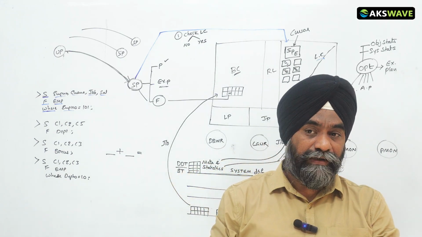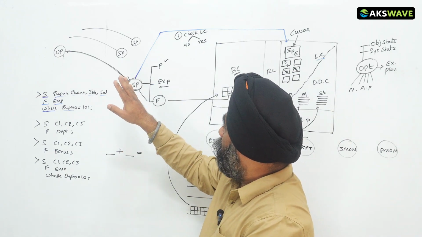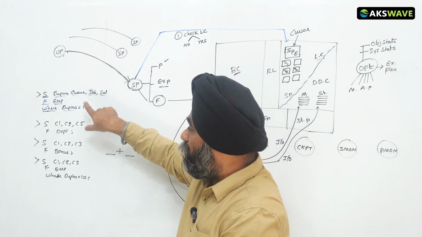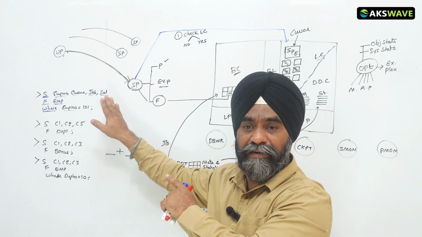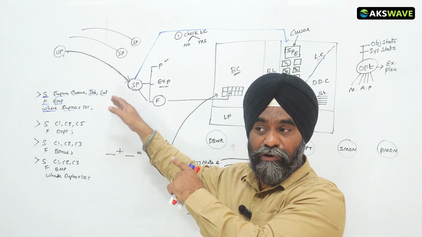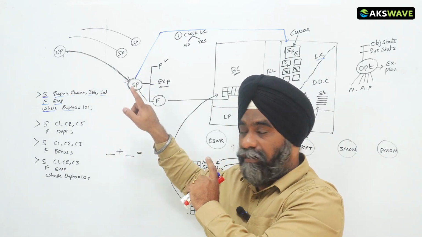Important. Let's say the statement got submitted for the first time. This is the first time this user has submitted the query. It's not a copy-paste, it is the first time.